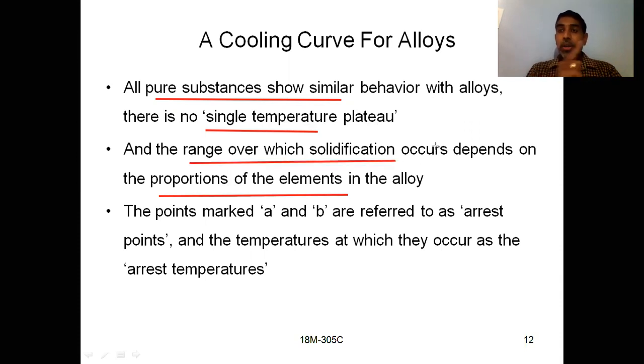Just now I told you, from A to B you are having a straight line, and later some range, and again a straight line. How are you getting that range? It depends on the proportions of the elements present in the alloy.